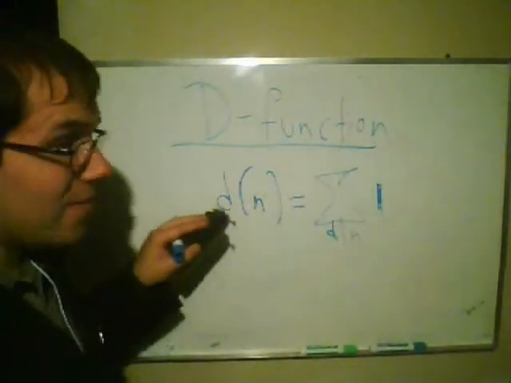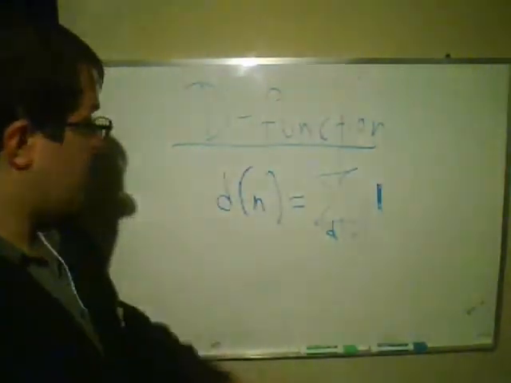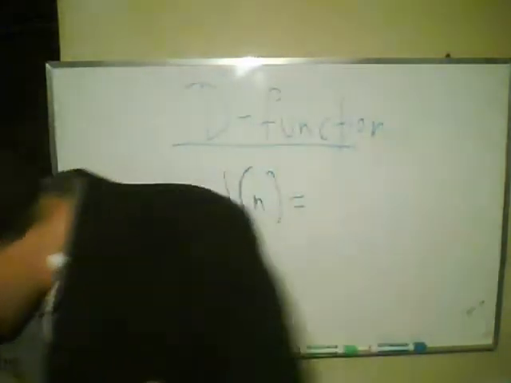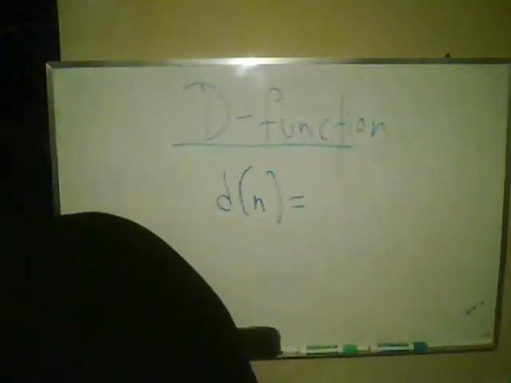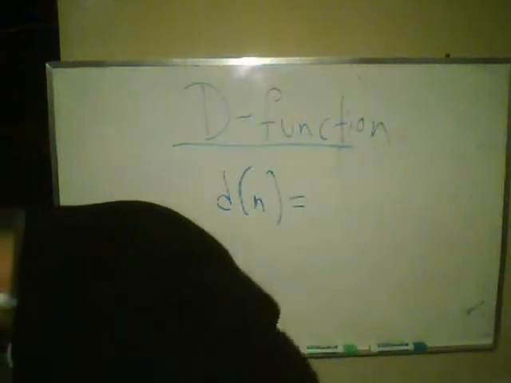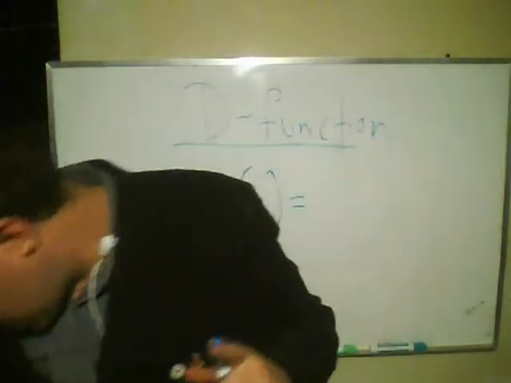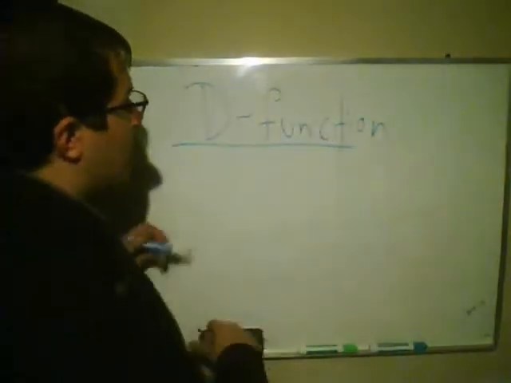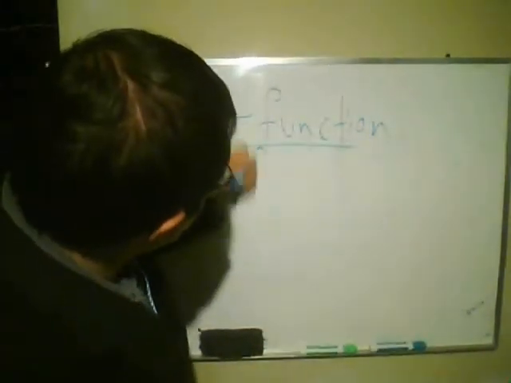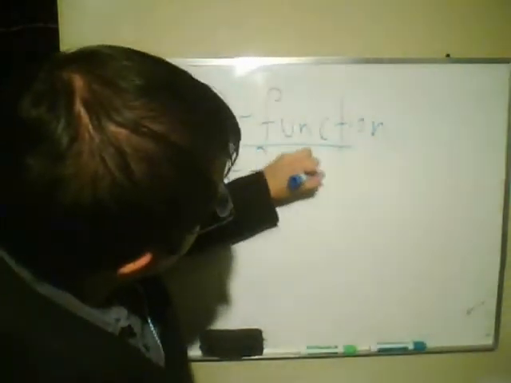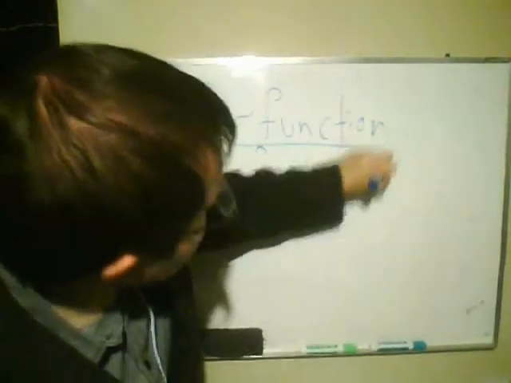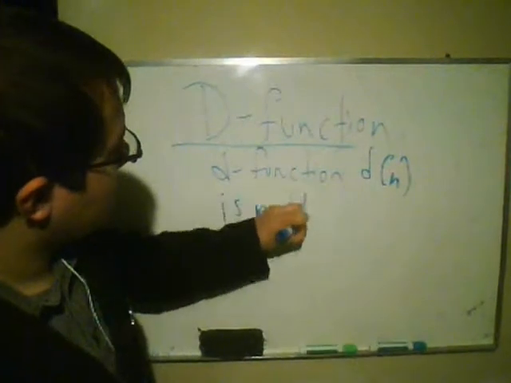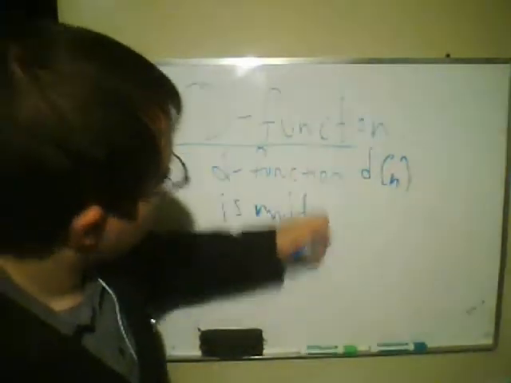By definition, this is the d function, but here is a nice, useful theorem. Basically, the d function, d of n, is multiplicative.